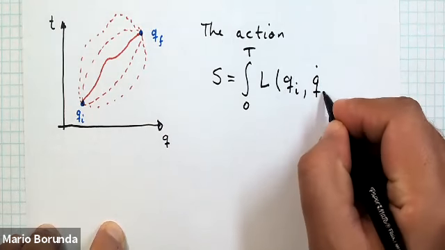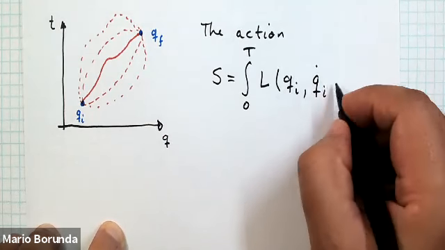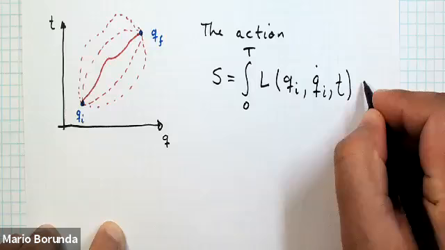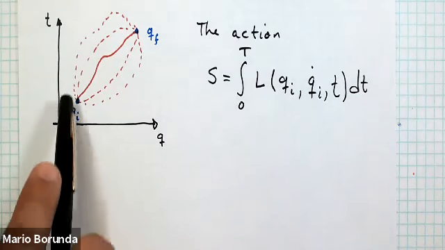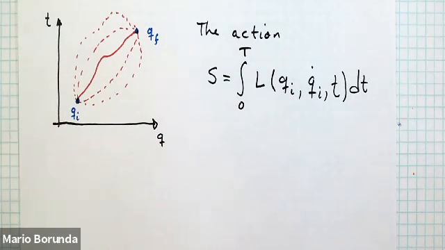The Lagrangian also depends on the time derivative of q, and this can be a function of time. So we have seen this already. We can evaluate it for all paths, and get an action for each of the paths that you're going through. So again, this is all review, right? Nothing new.